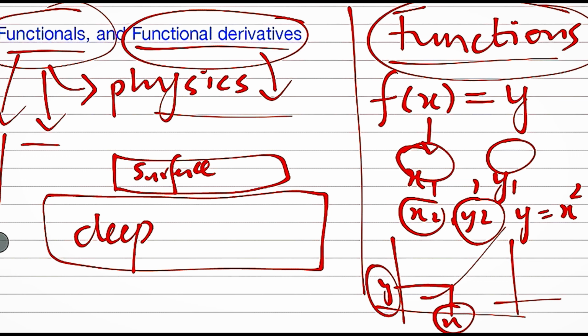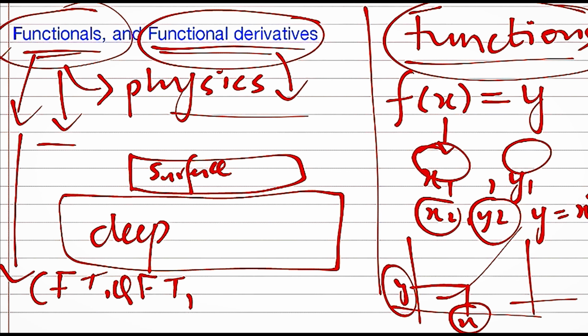You'll see them as really important in classical field theory, in quantum field theory, and in mechanics in general as well. You have seen the Lagrangian equation of motion, and if you understand functionals and functional derivatives, you will see that there is one special functional that is called action.